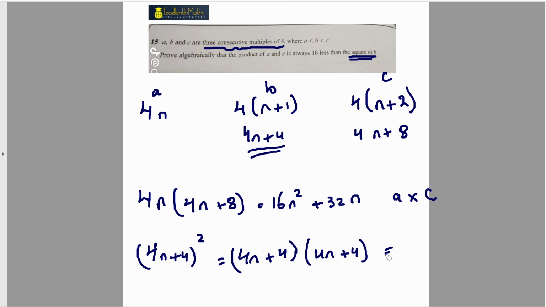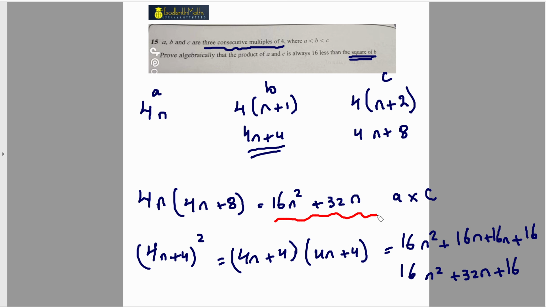Which is 16n squared plus 16 and add 16 and add 16. Lots of 16s here. Which is 16n squared plus 32n plus 16. When you compare, you will notice that this one is actually the same as this one apart from 16.